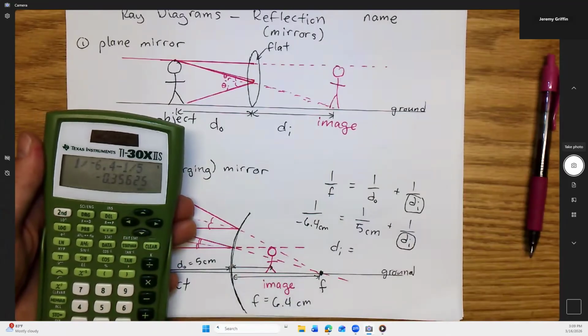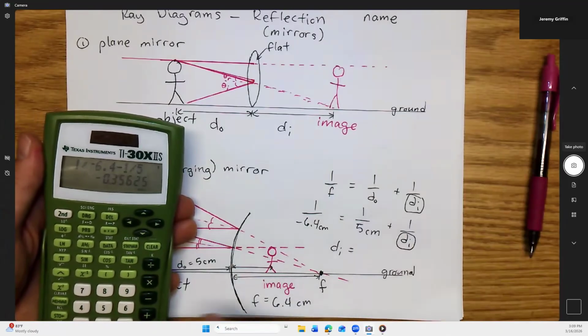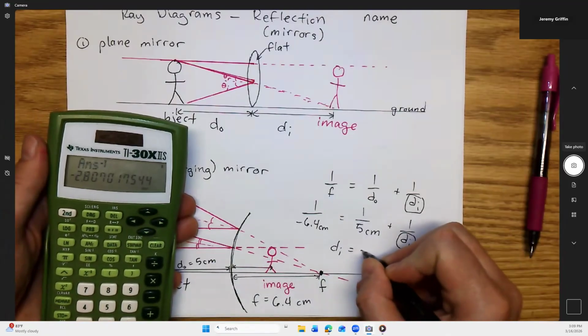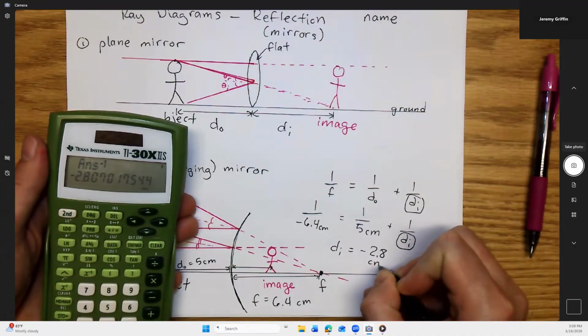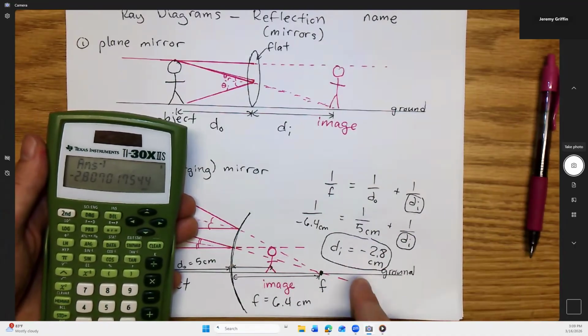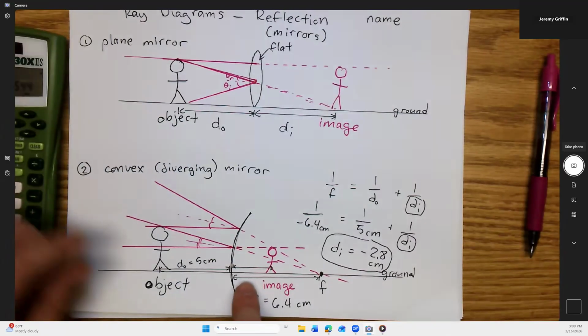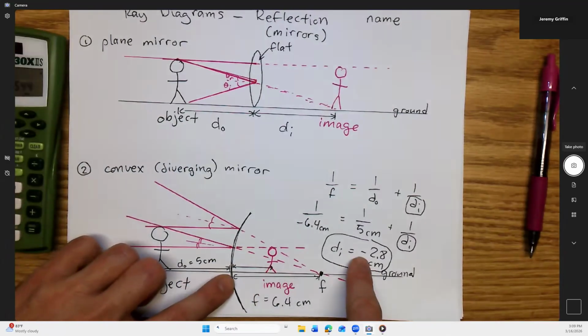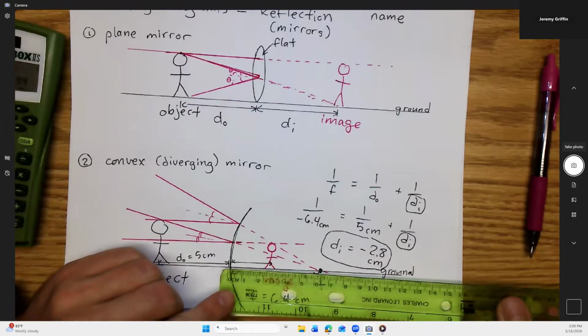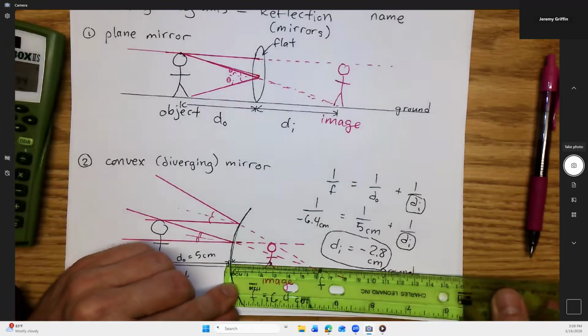Take the reciprocal. And it's telling me negative 2.8 centimeters. So according to the equation, the image should show up 2.8 centimeters on the opposite side of the mirror. Well, it definitely shows up on the opposite side, so definitely negative. That's consistent. And what did I get again? Didn't I say a little shy of 3 centimeters? It sure is. Look at that.